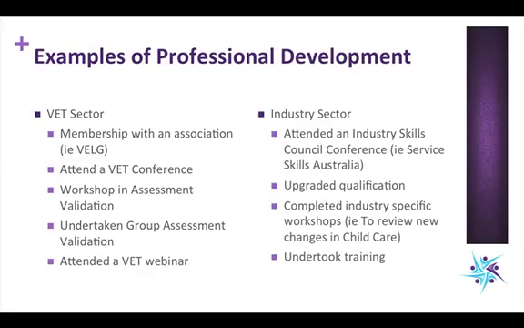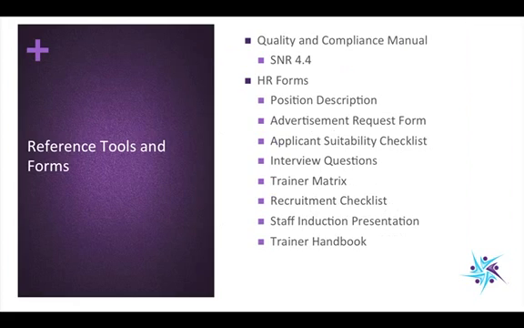It might be legislation changes where you can attend workshops or webinars or things like that. They've undertaken training within their industry sector, so not just the qualification, it could be non-accredited training as well. Non-accredited training is a great example of professional development that the trainer could also undertake.